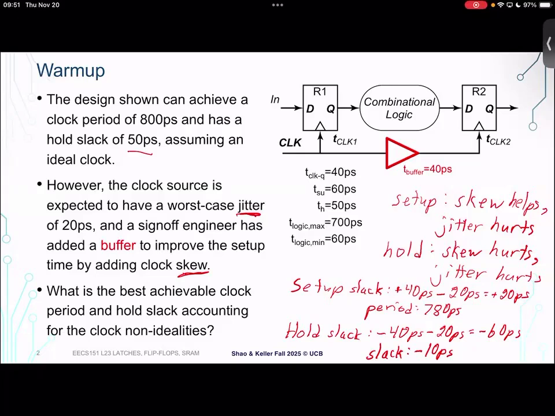You can think of it as a Gaussian distribution of arrival times. In one cycle, it might help setup and hurt hold, and the next cycle, it might hurt setup and help hold. But you have to make sure the circuit works across all the cycles, which means you analyze the worst case where it could hurt either one of them.